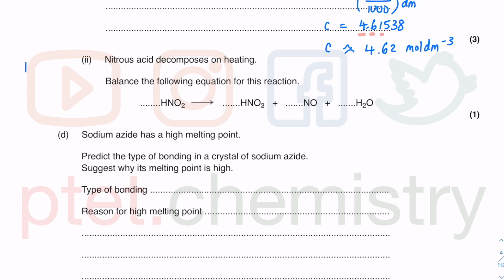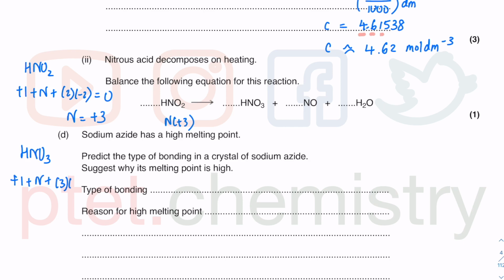I'm going to try oxidation number, which you will have learned anyway in A Level chemistry. So hydrogen is plus 1 there. Nitrogen is unknown. 2 oxygen. Each oxygen is minus 2. The overall is 0. Nitrogen there is plus 4 minus 1 is plus 3. And then here the nitrogen in HNO3, so there's plus 1 plus nitrogen plus 3 times minus 2 equal to 0. Nitrogen there is plus 5.